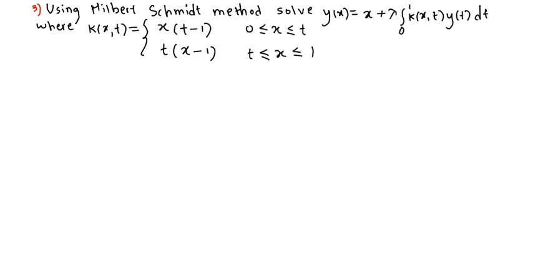Now you can clearly see it is not a separable type kernel like how we used to take it. Here it is a symmetric kernel, that is, you can check K(x,t) = K(t,x).